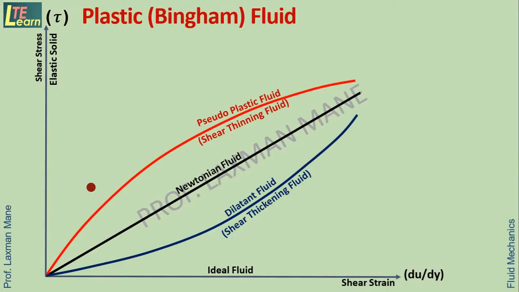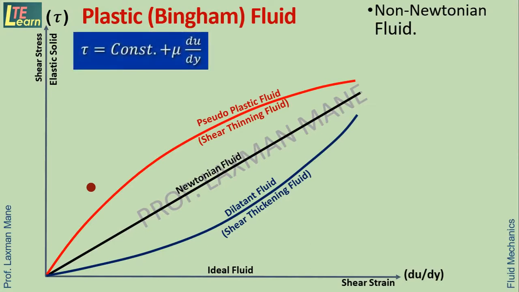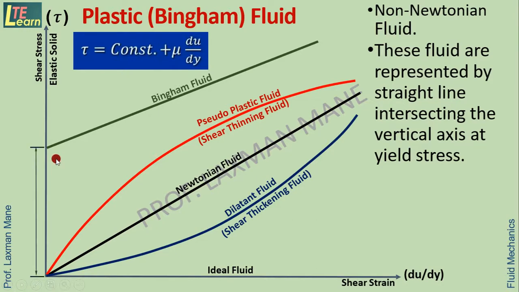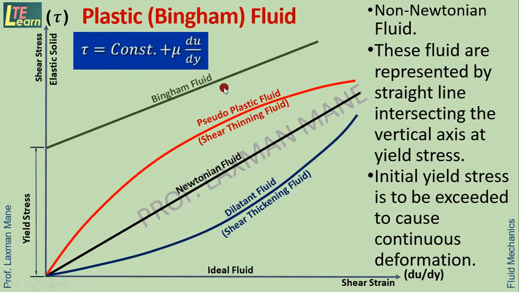The next category is the plastic Bingham fluid, that is a non-Newtonian fluid. These fluids are represented by a straight line which intersects the vertical axis at the yield stress. Here we see this is the yield stress. This fluid is called a Bingham fluid.